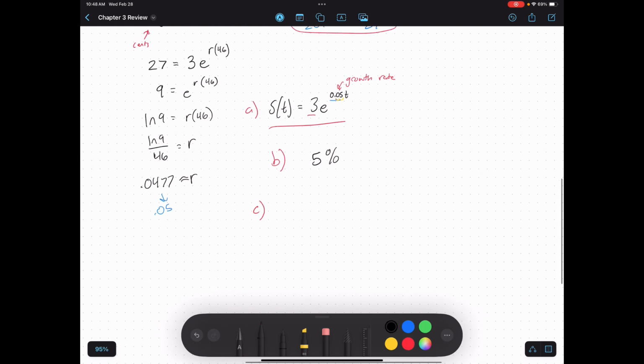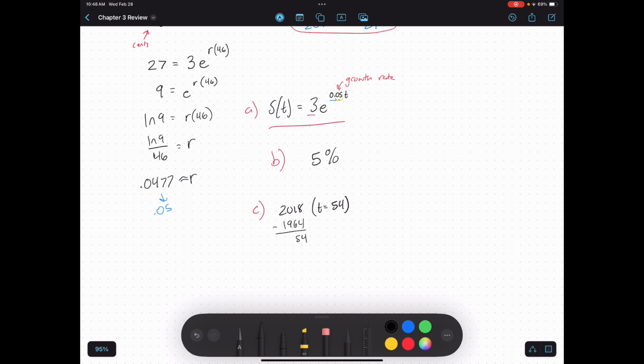Well, this one's simply plugging in t values into my function. So for 2018, I'm going to plug in the t value 54, because it's been 54 years since 1964, right? You can find that by doing 2018 minus 1964.